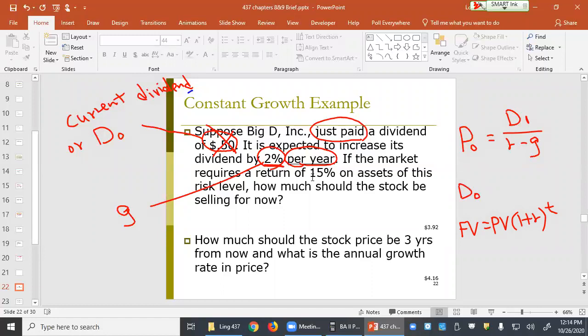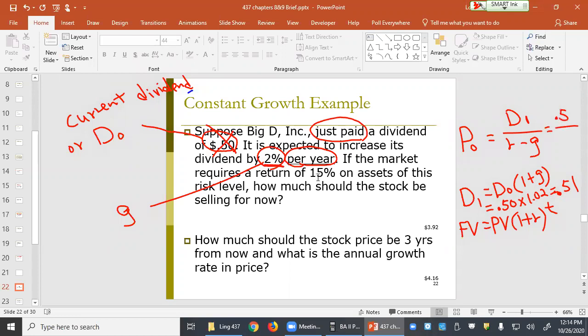So for example, if we're solving for D1, that's the future value, which equals the present value, our D0, times 1 plus the growth rate. In this case, current dividend is 50 cents, and D1 will be 2% higher, so we multiply it by 1.02. That would be 51 cents. So that's our numerator, 51 cents.